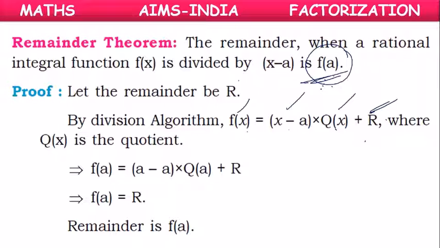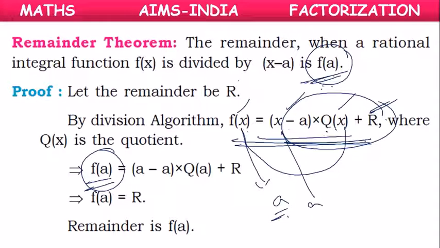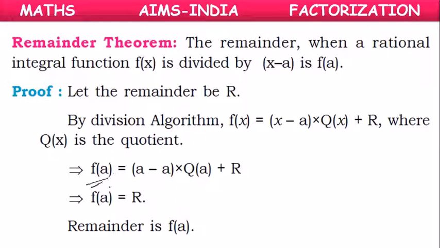Now we have to find whether f of a is the remainder or not. This is f of x. If you want to find f of a, since this equation is defined in terms of x, in the place of x we have to replace a. Wherever we find x, we replace it with a. Then we will get the f of a value.